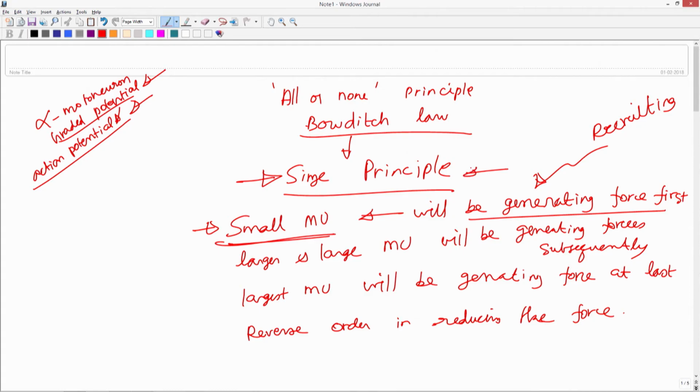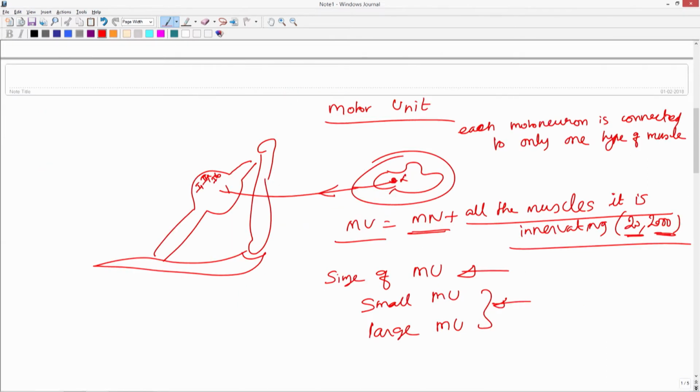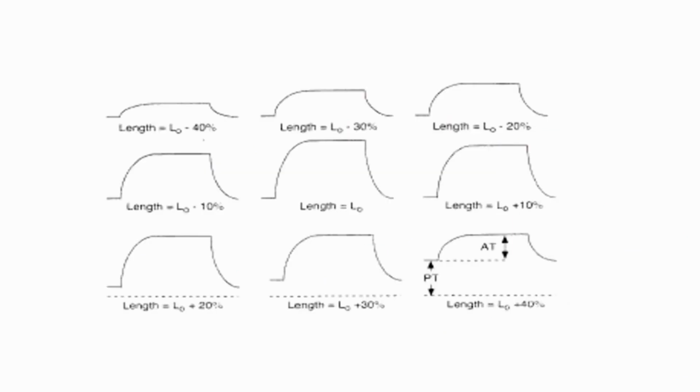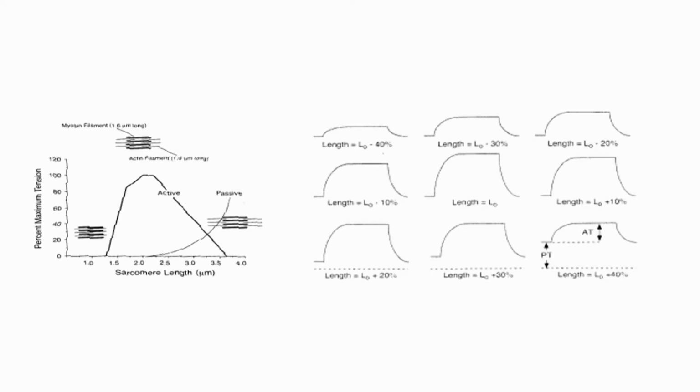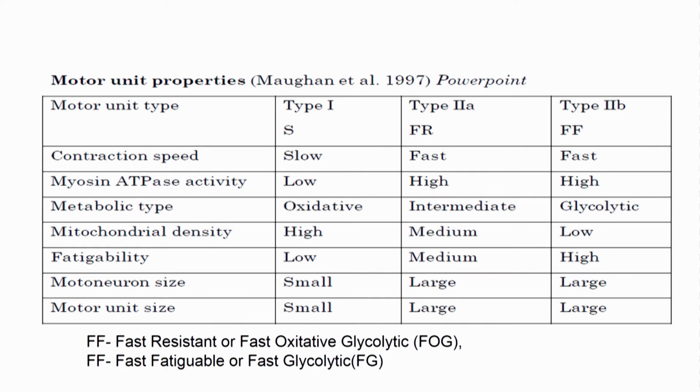Okay. Now I hope the size principle is clear. The next, okay, let me show you a couple of slides to make it clear. These are the different types of muscles I talked about. Motor unit properties: type 1, type 2A, type 2B.